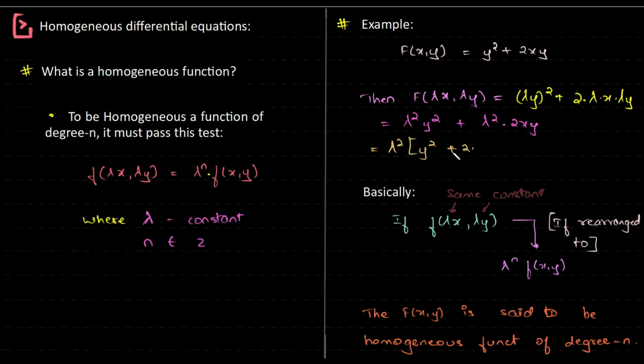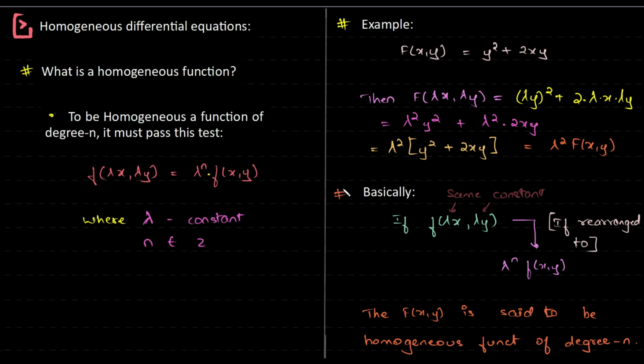But what is y square plus 2xy? That's nothing but your initial expression. And so this is said to be a homogeneous function.